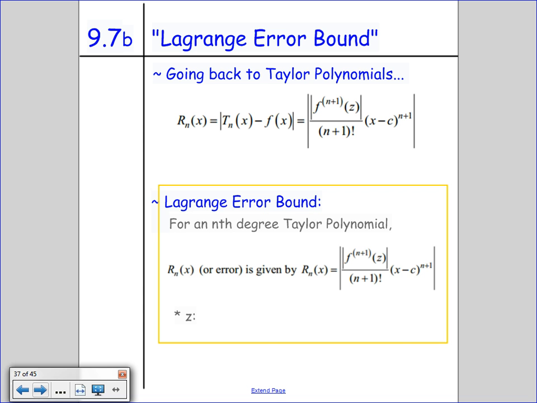Lagrange was French. 9.10 got included in 9.9.